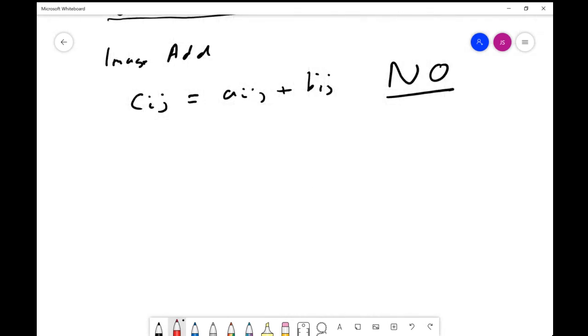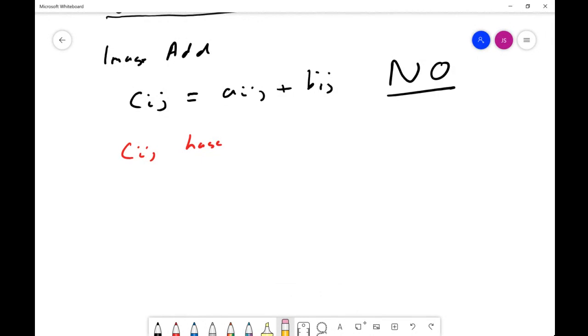The reason is Cij, if I use this equation, has the range 0 to 2W.